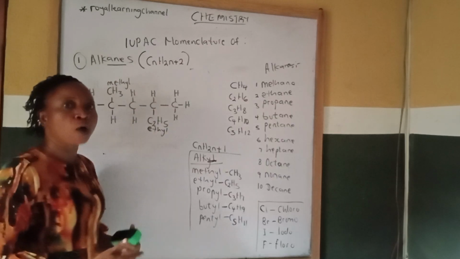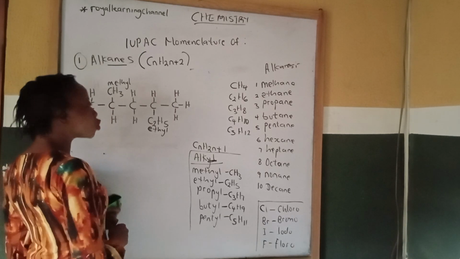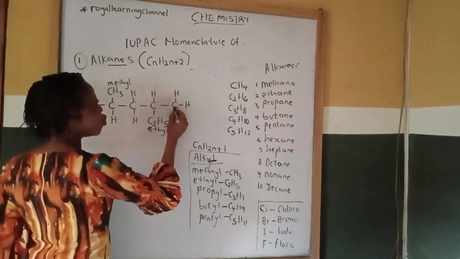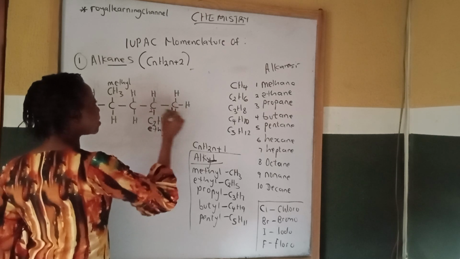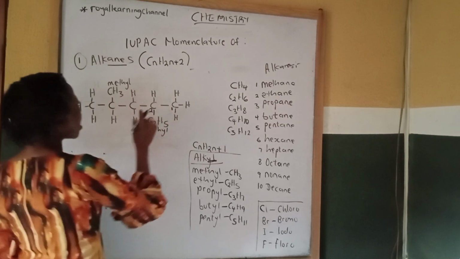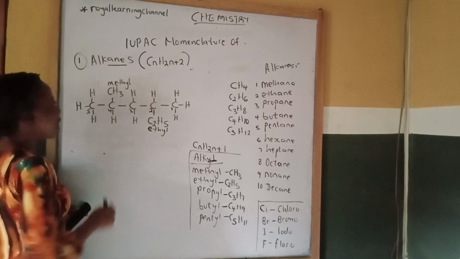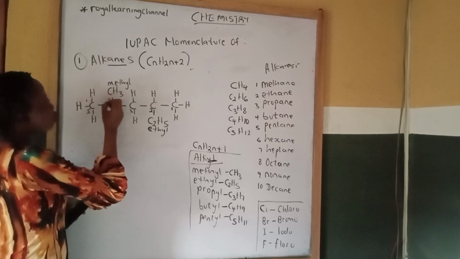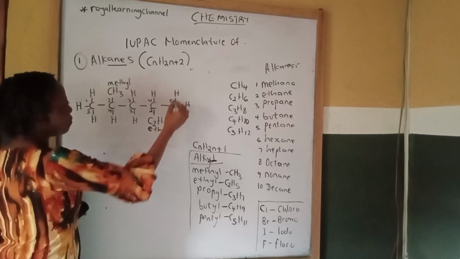Then from which side are we supposed to number? From this side, 1, 2, the first substituent is on the second carbon atom, 3, 4, 5. Then from this side, 1, 2, 3, 4, 5.